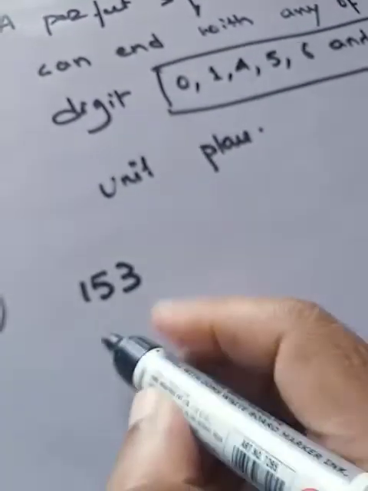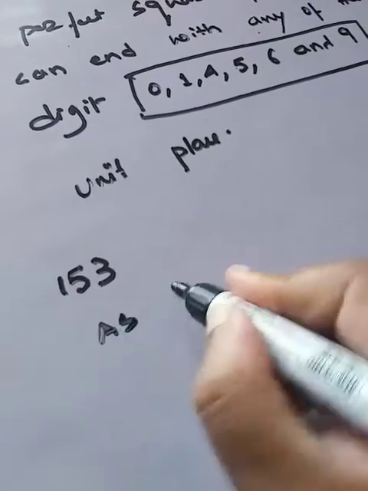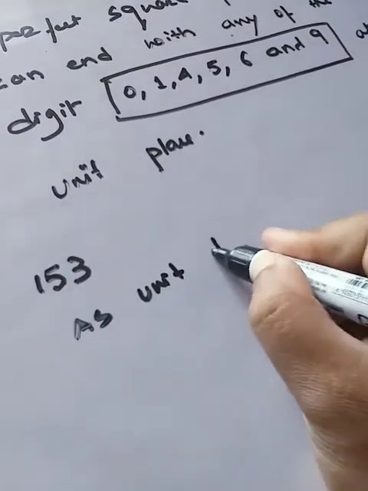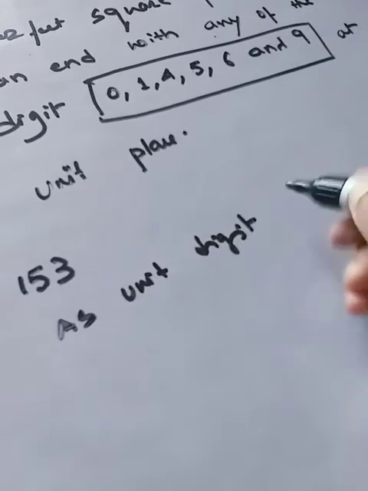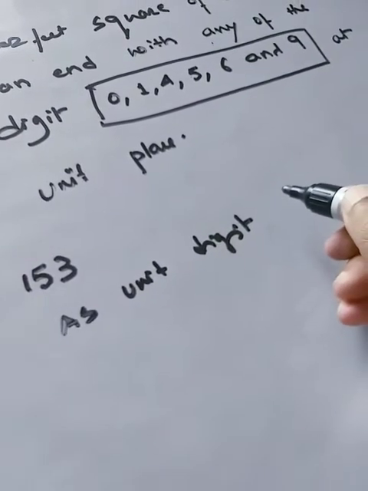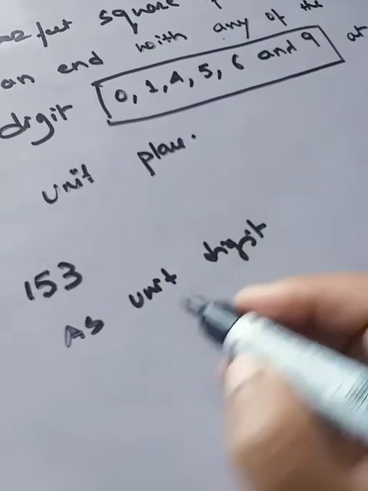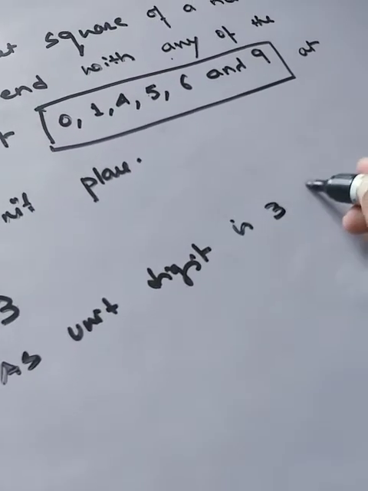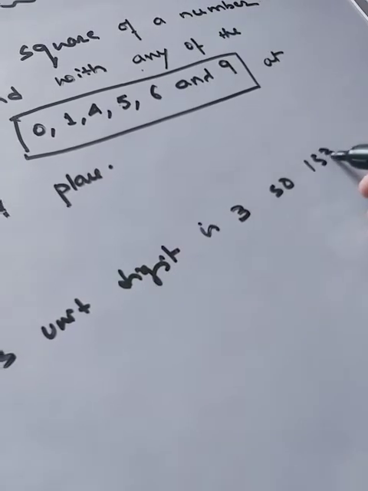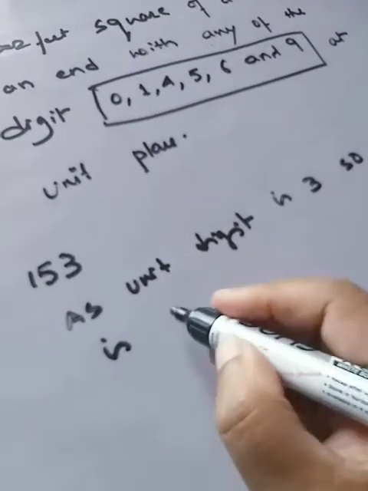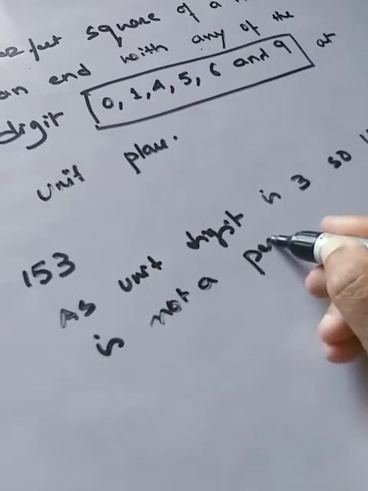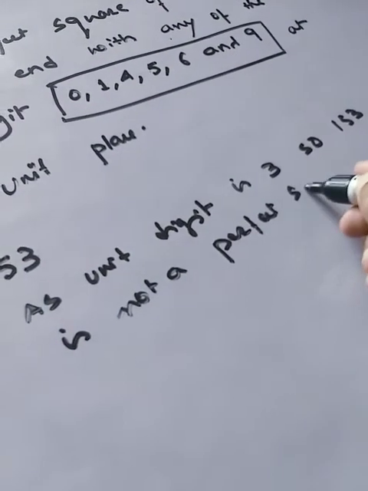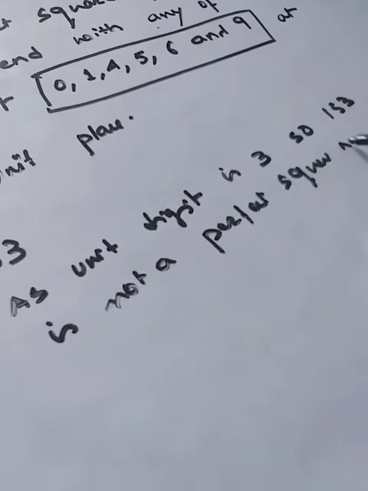So what you will write is: unit digit is 3, so 153 is not a perfect square number.